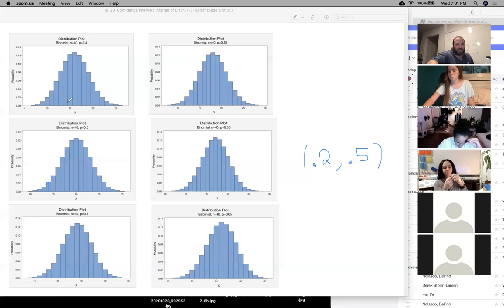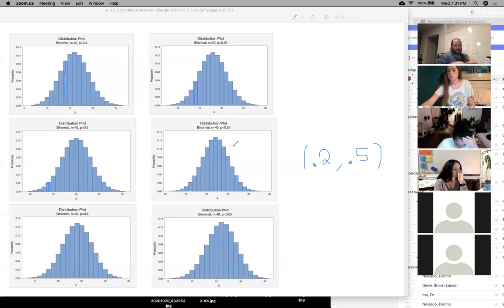When I look at 14, which is right here, that is certainly not in the left or right 2.5%, correct? When I look at this one, it's again not in the left or right 2.5%. When I get to here, now we're getting close to being in the left or right 2.5%, right? What about 0.55? Is that in the left or right 2.5%? Yes.